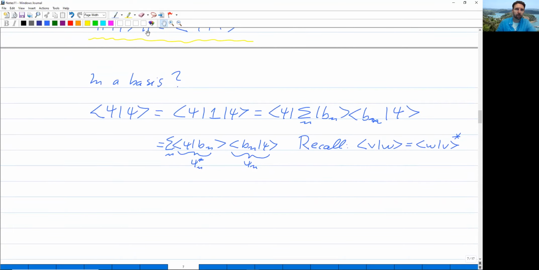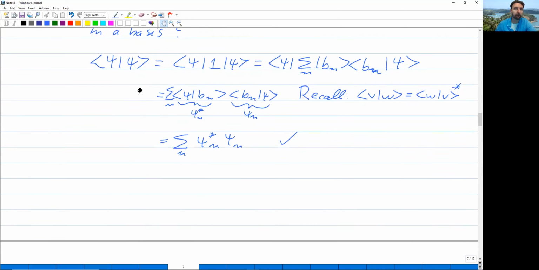All right, so we obtain that the length squared of a vector is therefore given by, in the B basis, the sum over all n, psi star n, psi n, as it should be. As we know it from linear algebra, for example. Now, requiring that vectors are normalized means something very concrete.